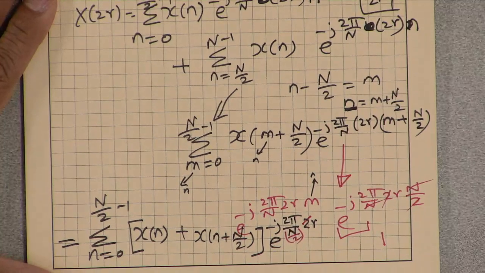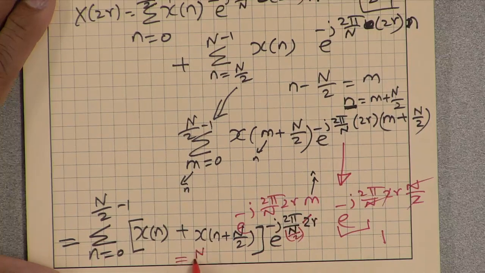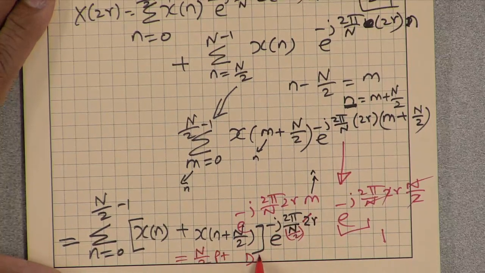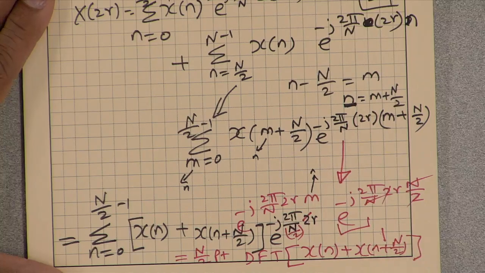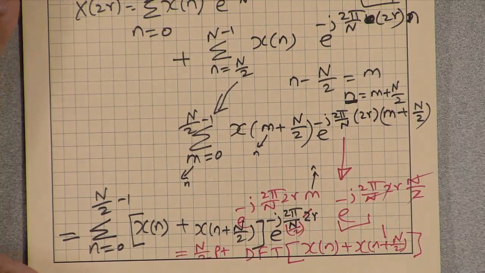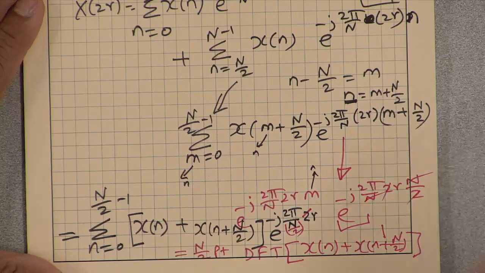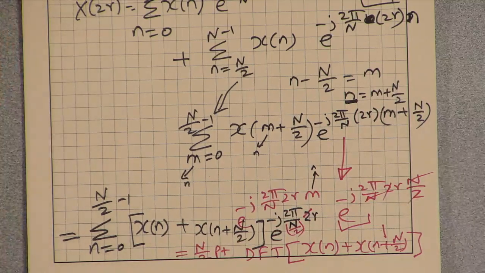So what we see here is this is the N by 2 point DFT of x[n] plus x[n plus N by 2]. Any questions so far?